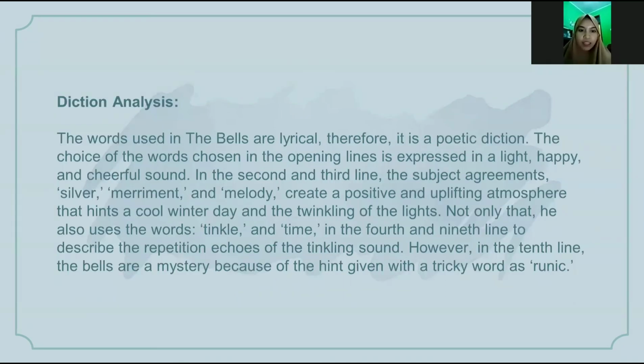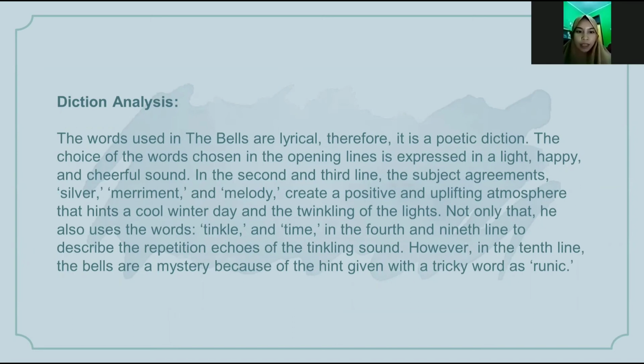Diction analysis. The words used in The Bells are lyrical, therefore it is poetic diction. The words chosen in the opening lines express a light, happy, and cheerful sound. In the second and third lines, the words silver, merriment, and melody create a positive and uplifting atmosphere that hints at a cool winter day and the twinkling of the lights.